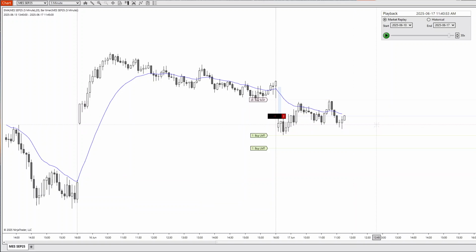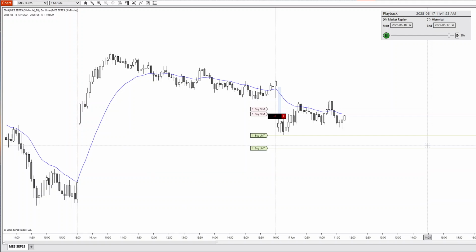Stop loss should still be here, but then this is a one tick false breakout. Okay, I will break this down. Here's the price. I'll put one, and that should already be stopped out. I'll put one at the EMA and one above this bear bar.